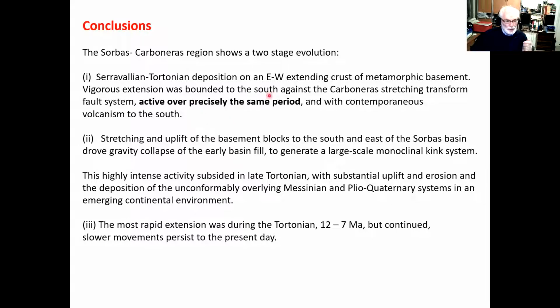This region was bounded to the south against the Carbonara stretch and transform fault, which was part of the Transalbarine shear zone. And this is demonstrably, or was demonstrably active. Both of these things were forming at the same time: the extension of the basin fill and the faulting and the volcanic activity.